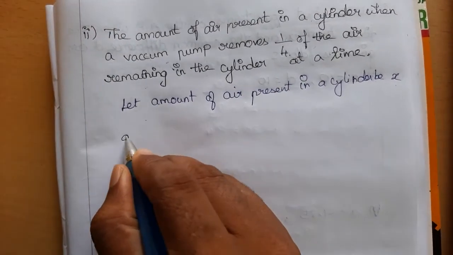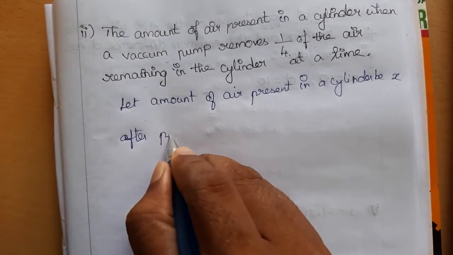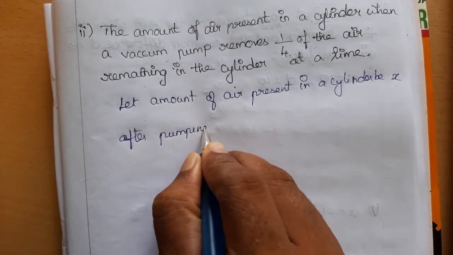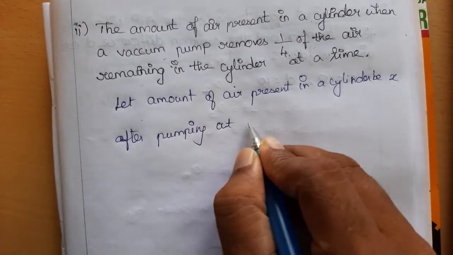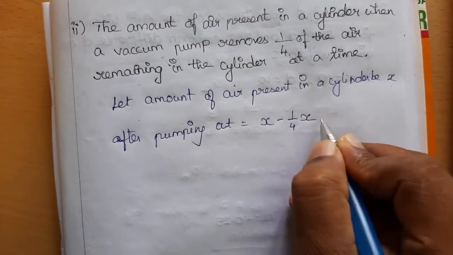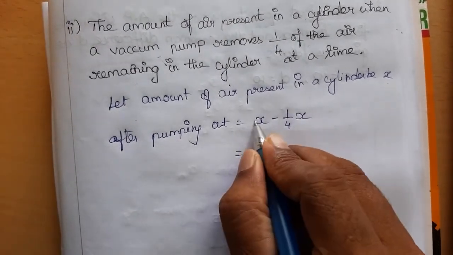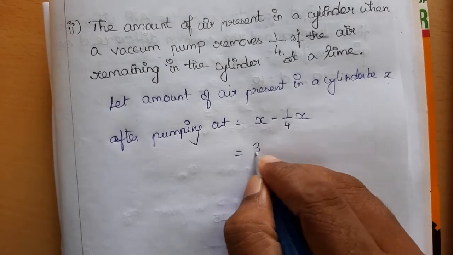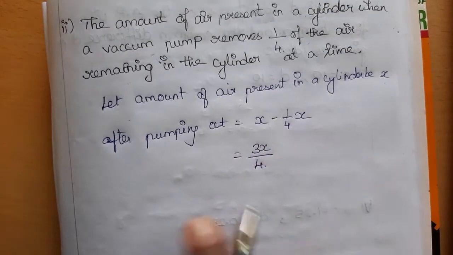After pumping out, it removes from the X, it removes 1/4 of the X. So by cross multiplying, 4x minus x is 3x by 4, right?